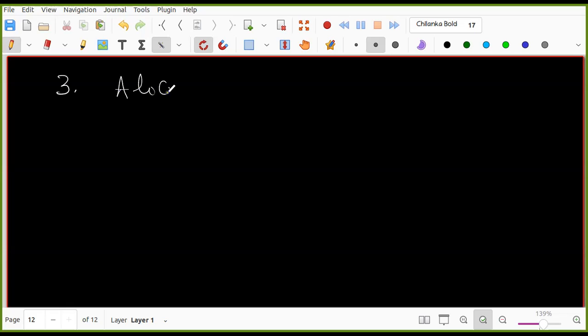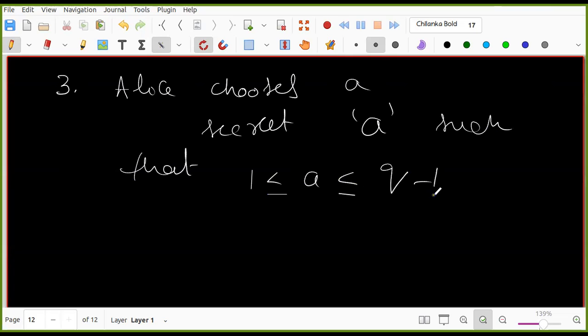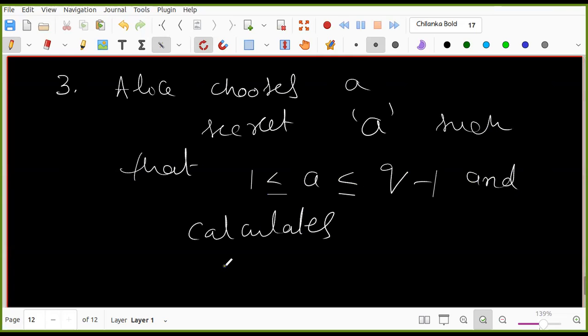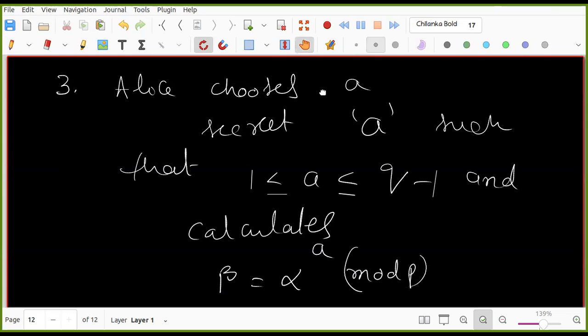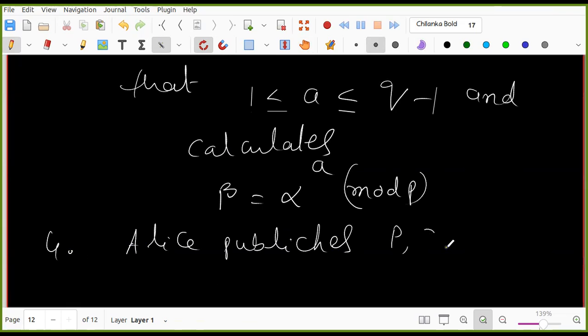Alice chooses a secret A such that 1 is less than or equal to A, less than or equal to Q minus 1, and calculates beta equal to alpha power A mod P. So the discrete log problem comes in. Now the fourth: Alice publishes P, Q, alpha, beta, and keeps A as secret.